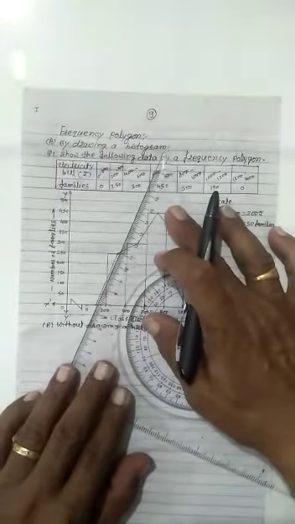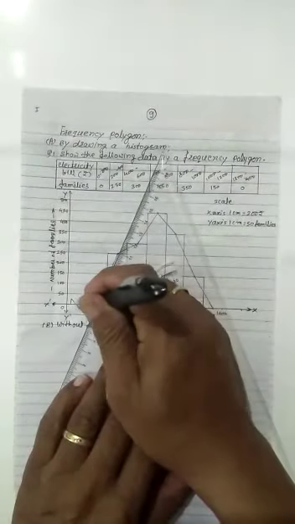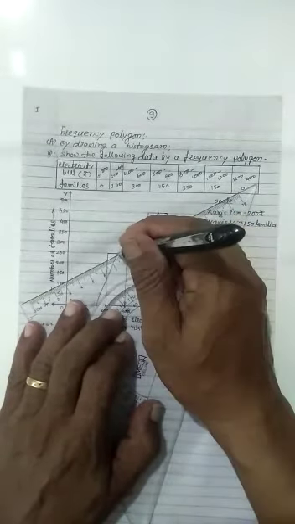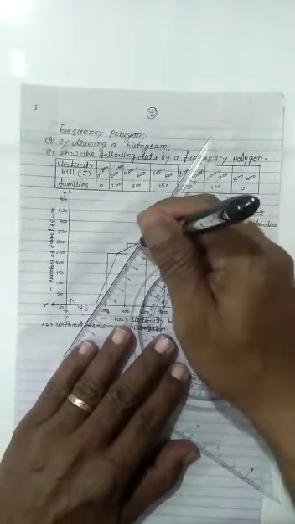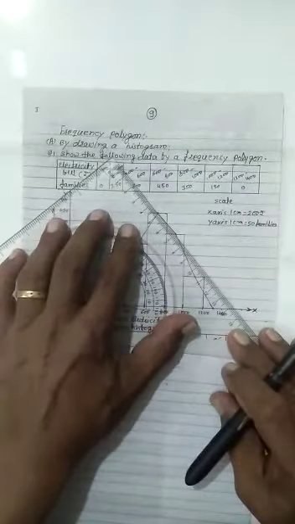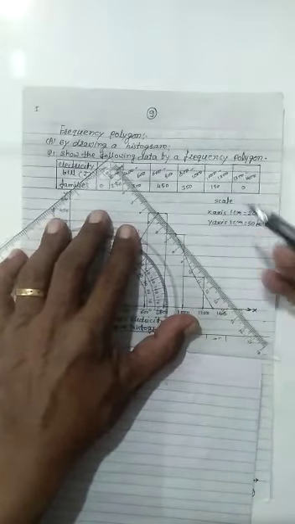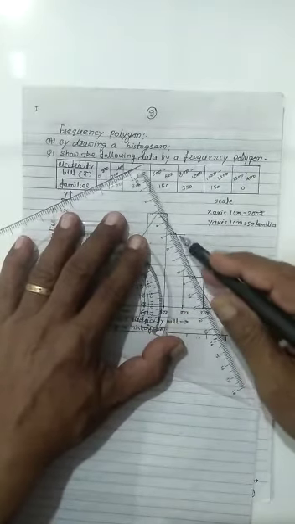See, in this way we join each rectangle's top midpoint, then these two top points are joined, then join these two top points in this way, then join these two top points in this way.